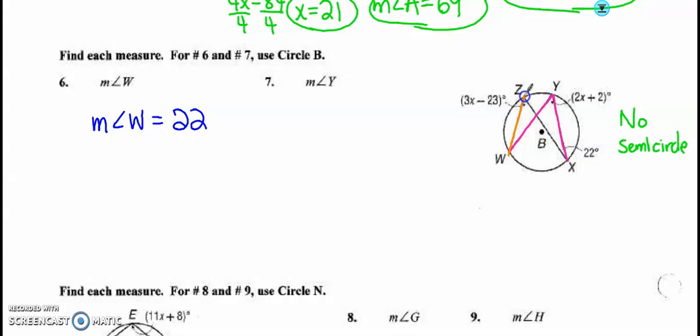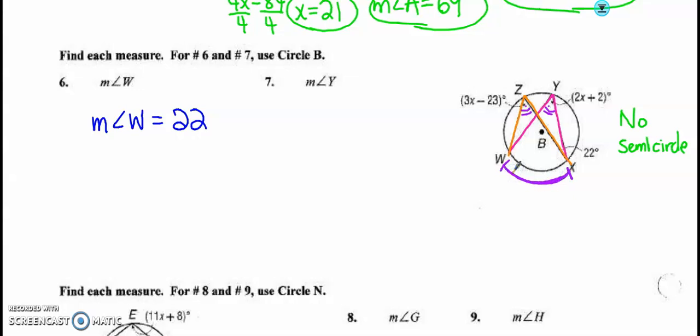Inscribed angle Z right there. Hopefully you realize that they both touch the same arc down here. So when these 2 inscribed angles touch the same arc, those inscribed angles are congruent. Why are they congruent again? Because they both are inscribed to the same arc.